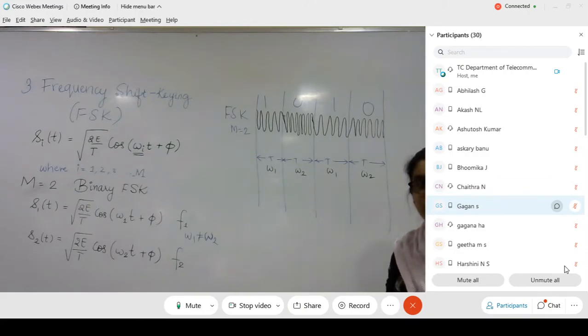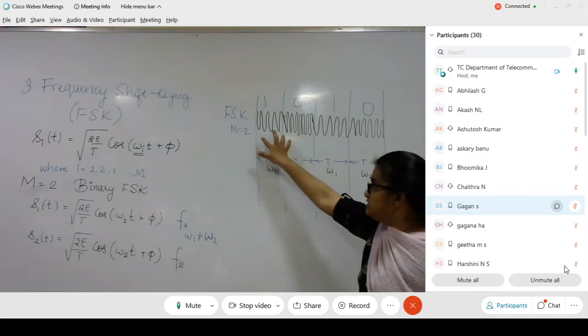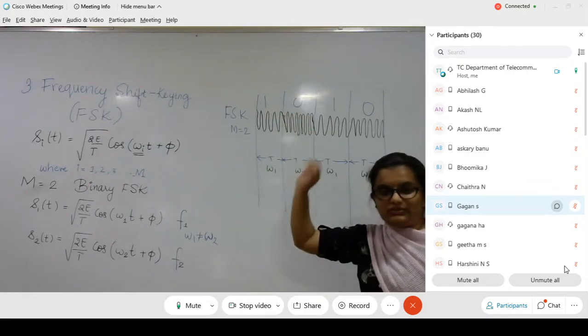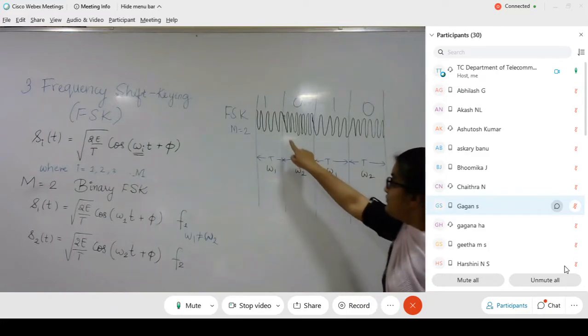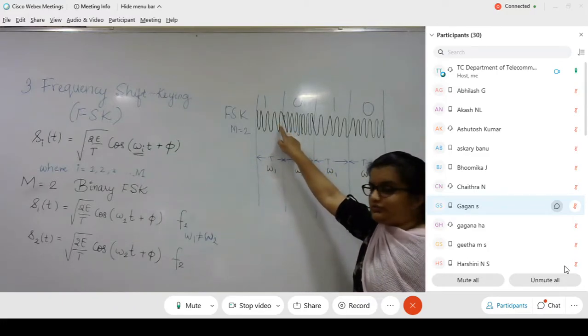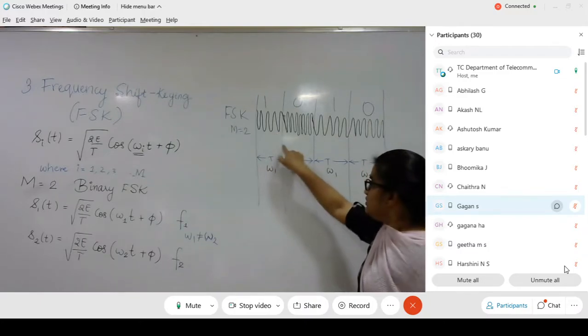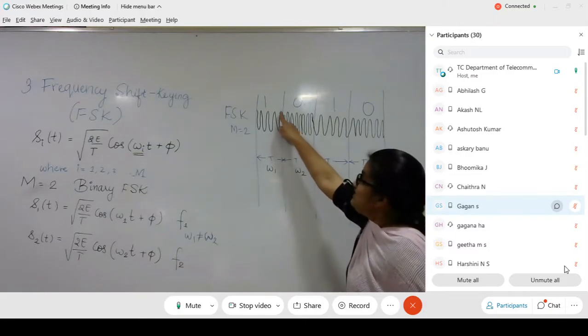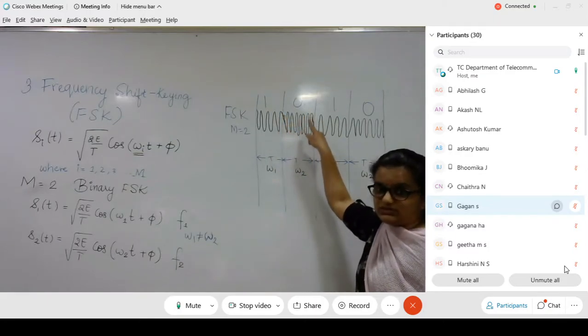It looks like your FM signal, but if you look at it properly, it carries information corresponding to the digital bit. If you see properly, from one carrier waveform in one symbol period to the other carrier waveform in the second symbol period, the phase will be continuous.